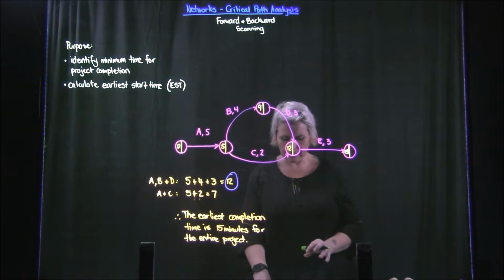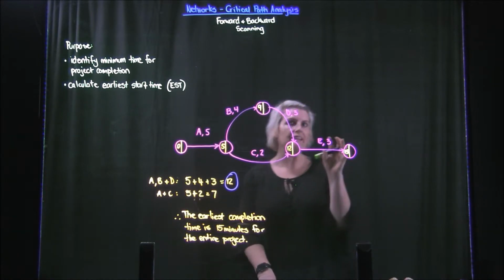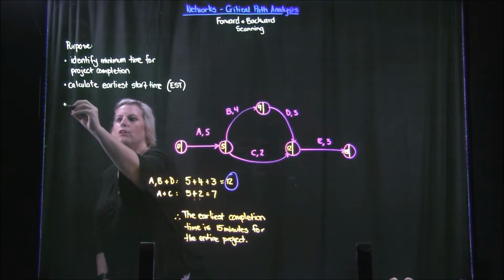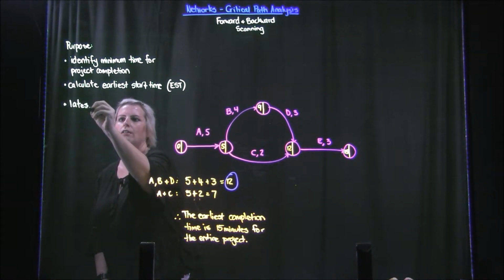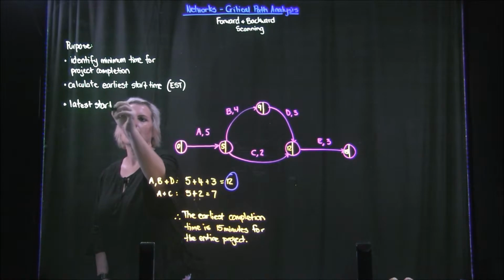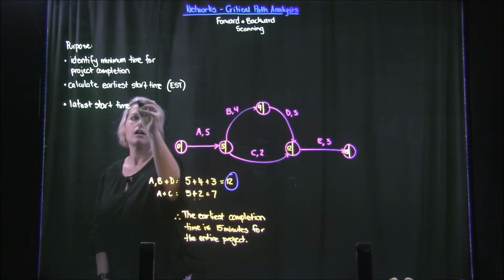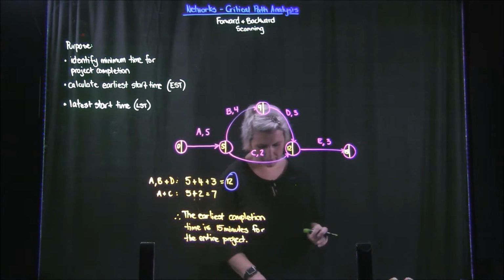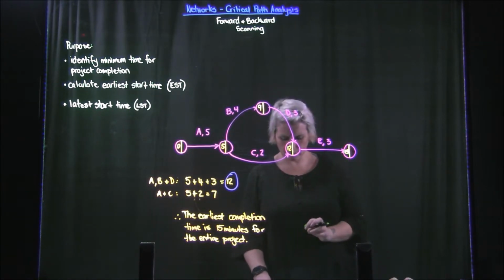In backward scanning, we record the latest start time, LST, and you'll see it on the right-hand side of the node.